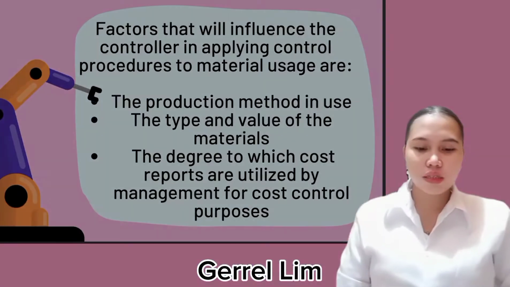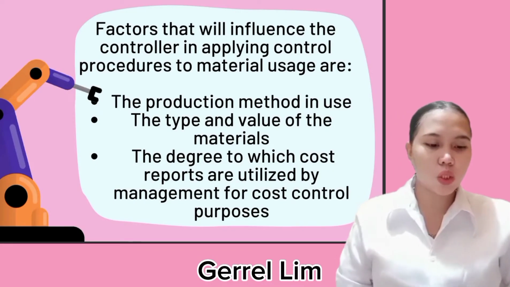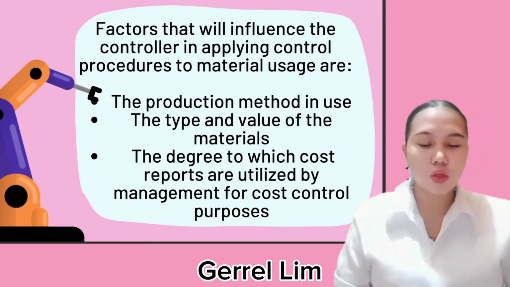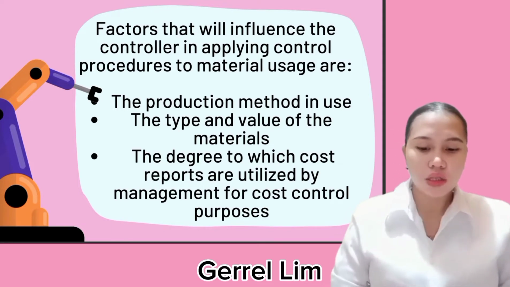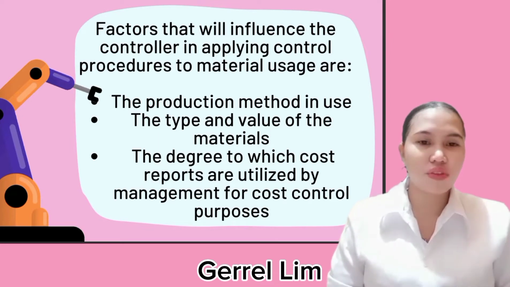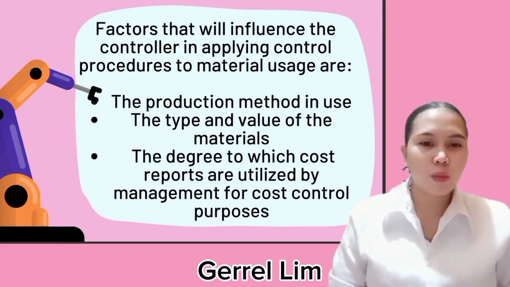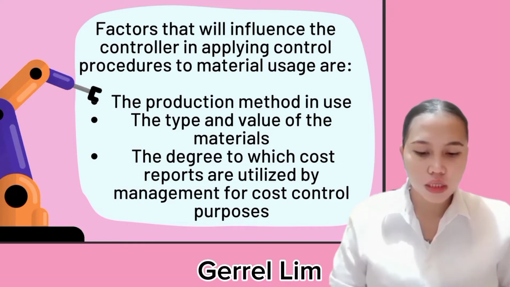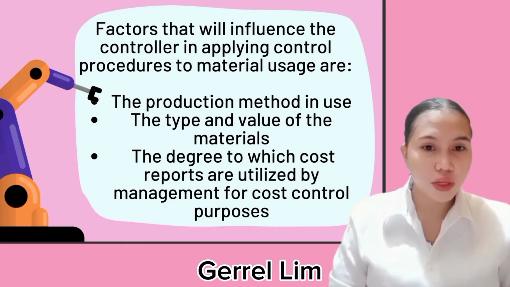The factors that will influence the controller in applying control procedures to material usage are: the first is the production method in use. The controller knows the right procedures, even the cost, expenses, and quantity of the product in the procedure methods. And the second is the type and value of the materials.